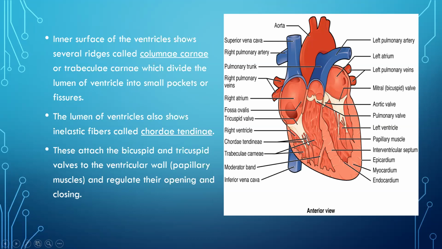They do not let the blood go back into the auricles. When the blood comes into the ventricles, the tricuspid valve and bicuspid valve close. Now when the pressure over here is more, it pushes the bicuspid and tricuspid valves. So what can happen? The bicuspid valve and tricuspid valve can open again in the opposite direction.